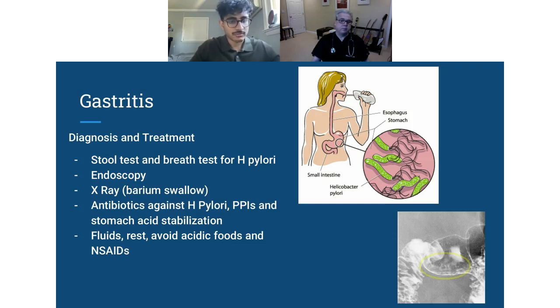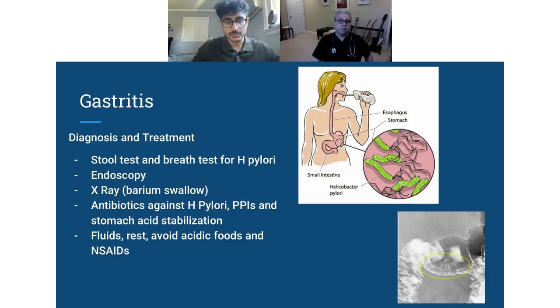You want to avoid acidic foods, and also you want to avoid giving your child too many non-steroidal anti-inflammatory drugs. And these can be things like ibuprofen, like Motrin, Aleve, because those can worsen symptoms of gastritis and also lead to ulcers and a host of other gastrointestinal issues.